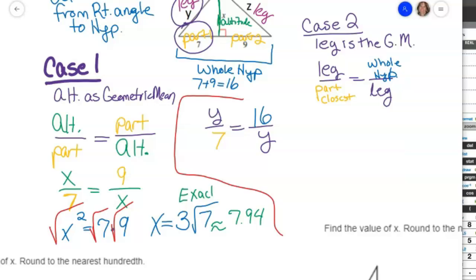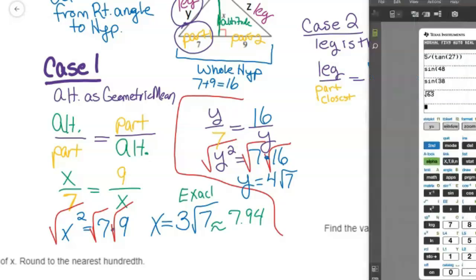Okay, and again, cross multiply. And again, I'm going to take the square root. And again, like I asked earlier, can I take the square root of 7? No, it's ugly, right? Can I take the square root of 16? So 4 square root 7 this time.